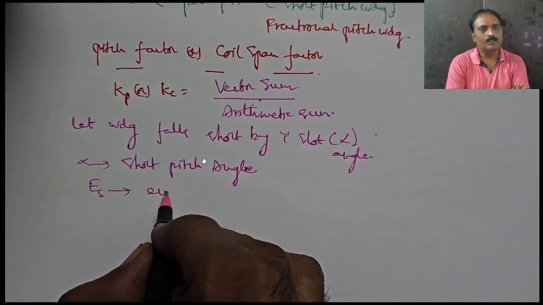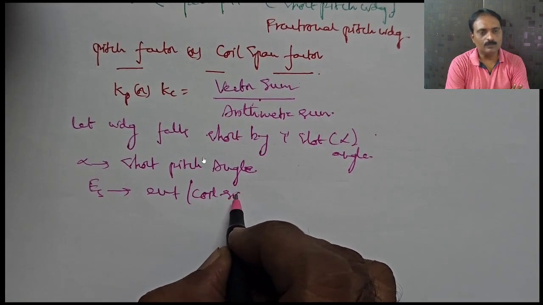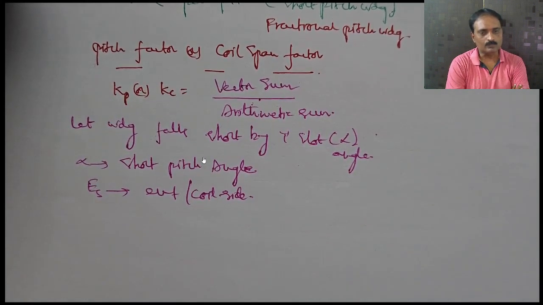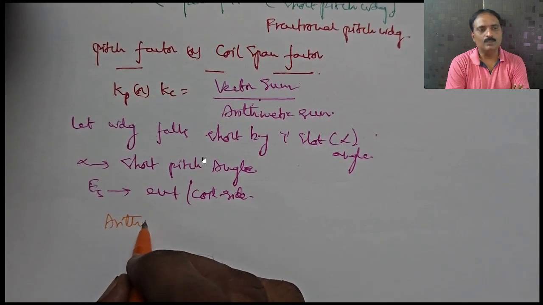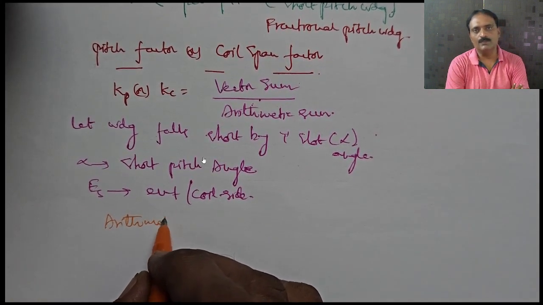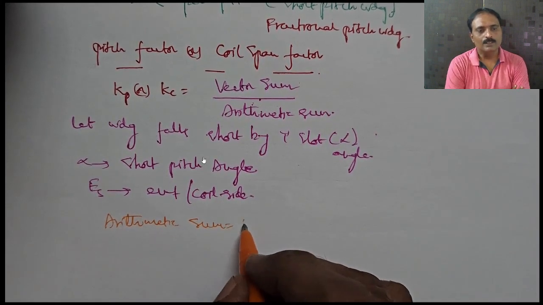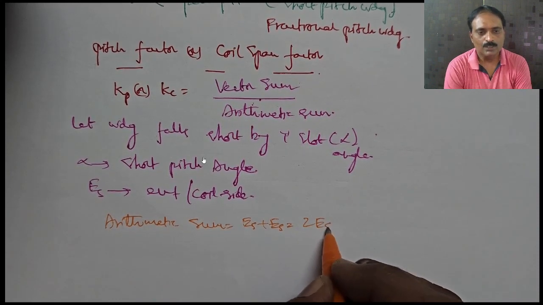Let ES be the EMF induced per one coil side, then the arithmetic sum is going to be equal to ES plus ES. Two coil sides means the resultant arithmetic EMF will be ES plus ES, which is equal to 2ES.